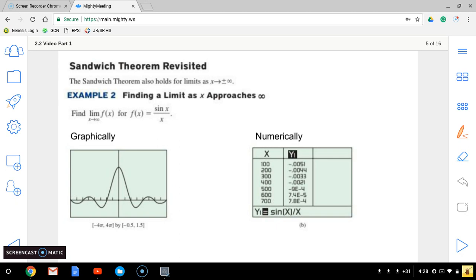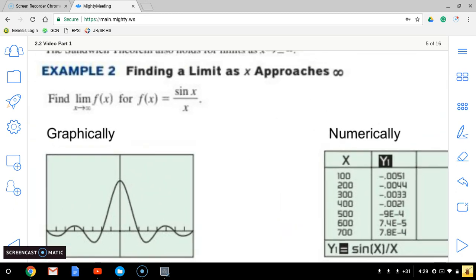So what do we know about this? We know that negative 1 is less than or equal to the sine of x, which is less than or equal to 1.